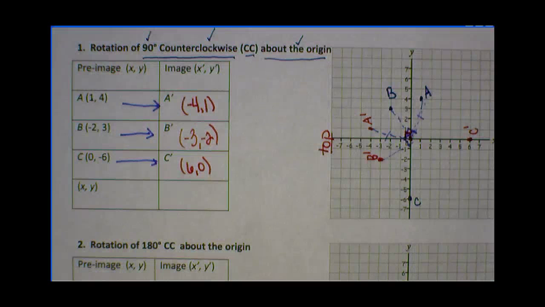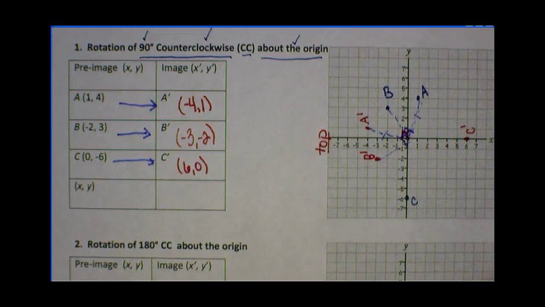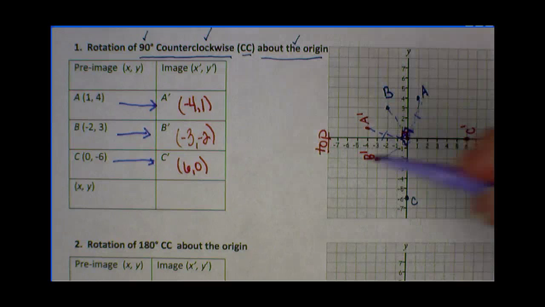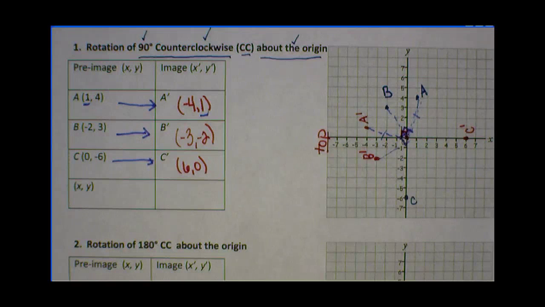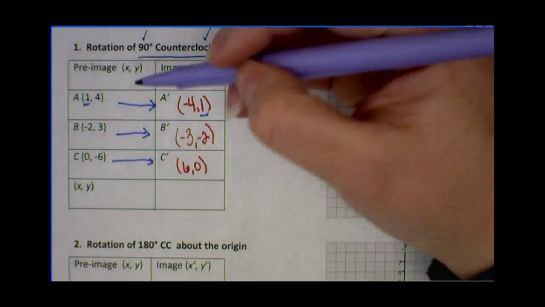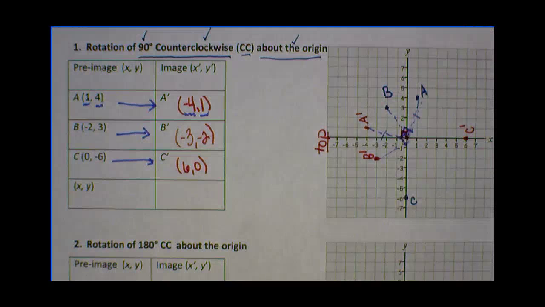I'm looking at each pre-image and comparing it to its image, and I'm noticing, like on point A, I see that point A, the X is the 1, and in A prime, the image, the Y is the 1. And then I'm looking at the Y coordinate of the pre-image. It's 4, and in the image, the X coordinate is -4.